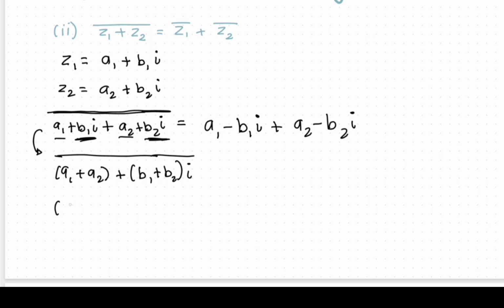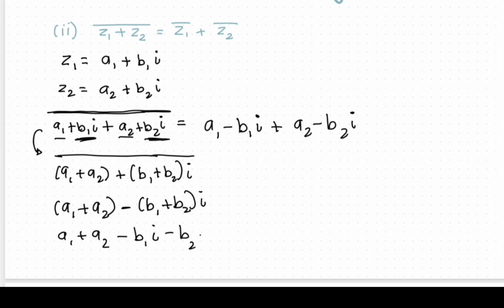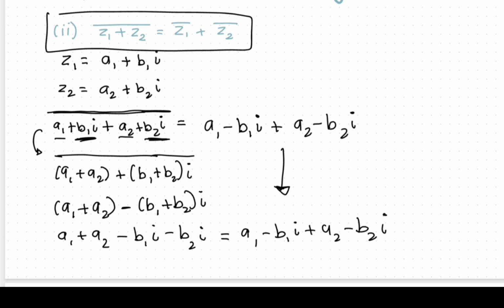So that's A1 plus A2 minus the quantity B1 plus B2, times I. If we expand this, we get A1 plus A2 minus B1I minus B2I. And this indeed is equal to A1 minus B1I plus A2 minus B2I. Hence, this property is true for all complex numbers.